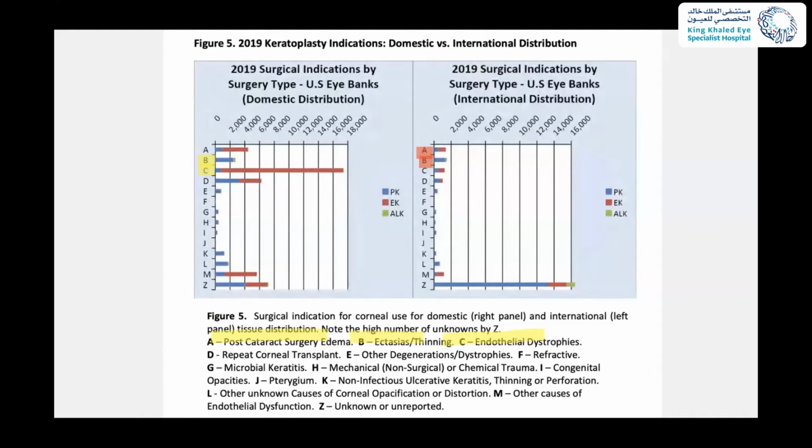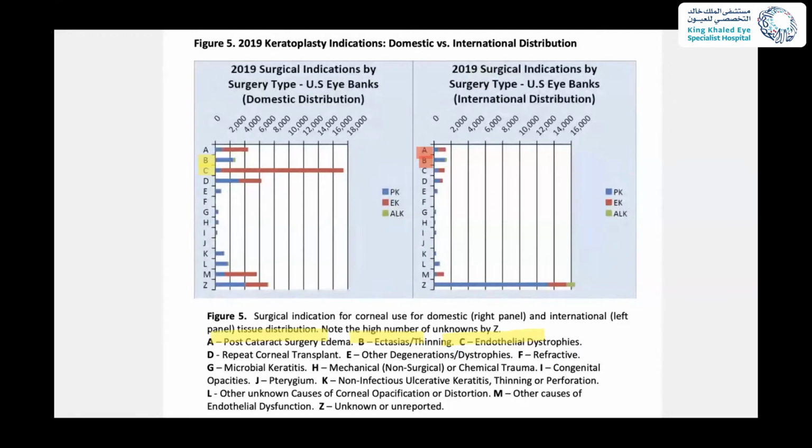Keratoconus and other ectasia were the sixth most common specific indication for transplant in 2019 inside the US, and 89% of them had PK for ectasia, and only 11% had an anterior lamellar keratoplasty procedure.